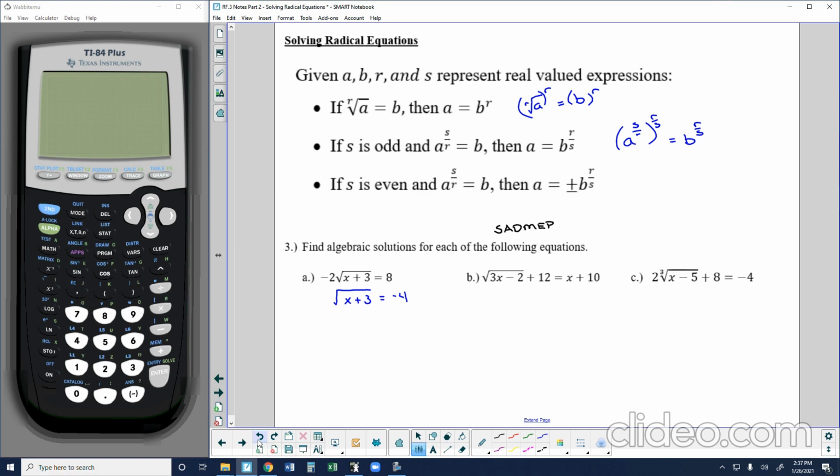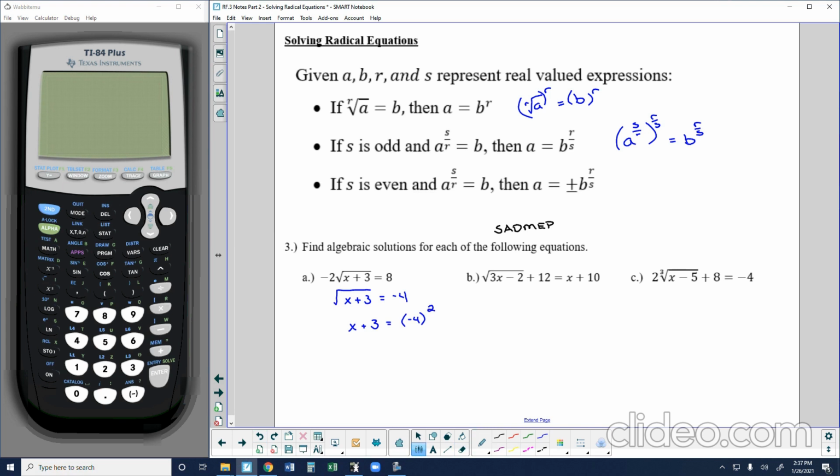Now we have solved problems like, let's say, x squared equals 4. We've solved that by taking the inverse operation and square rooting to get plus or minus 2. Well, if I have a square root, the inverse operation would be to square both sides. And as we have in the property written above, if I square both sides, what I'm going to be left with is the radicand on the left, x plus 3, and -4 to the power of the index of my root, which, remember, for a square root, if no number is written there, the power is 2.